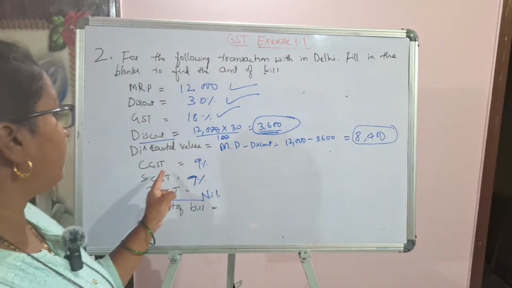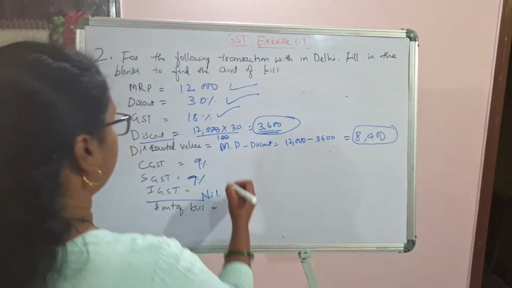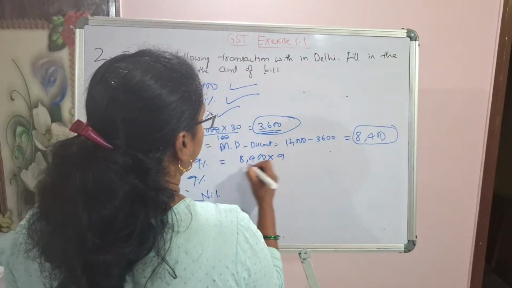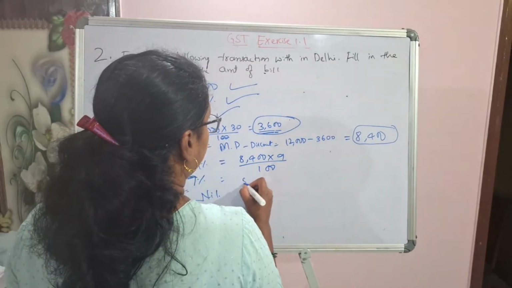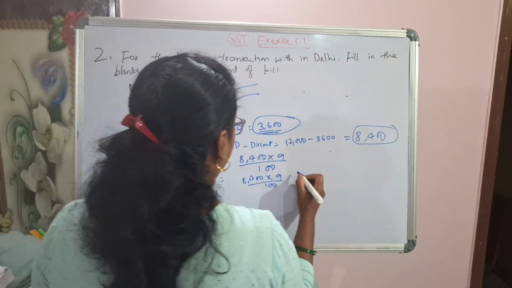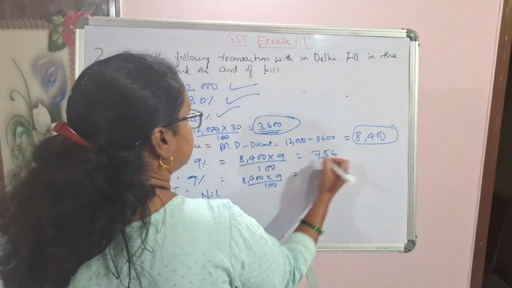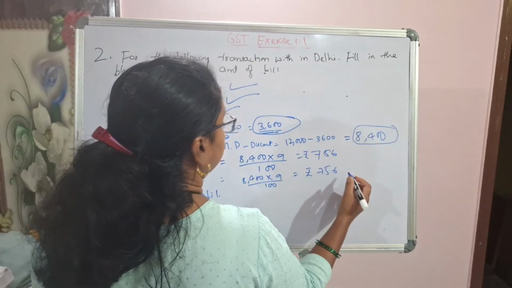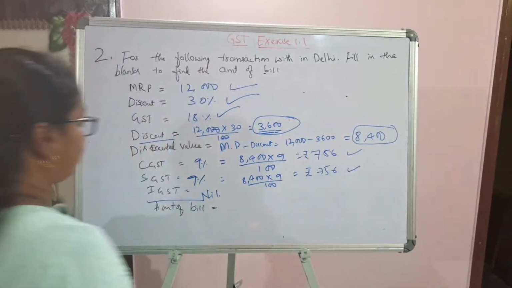Now we have to find the GST amount for this discounted value, which is 8,400 into 9 divided by 100, and for SGST the same, 8,400 into 9 divided by 100, which is equal to 756. Rupees 756 is the CGST and SGST amount.